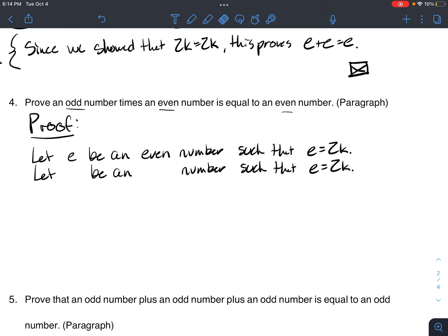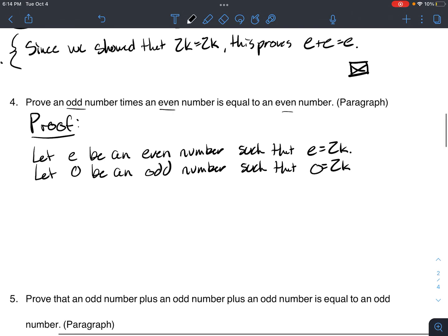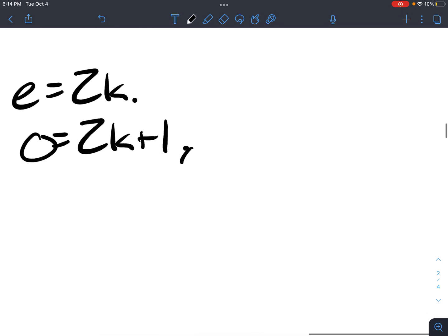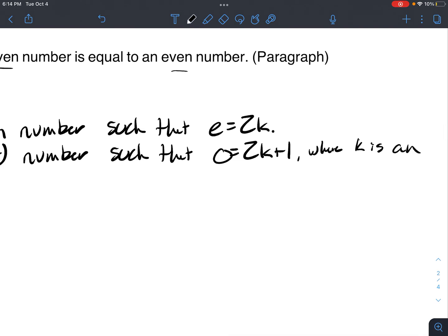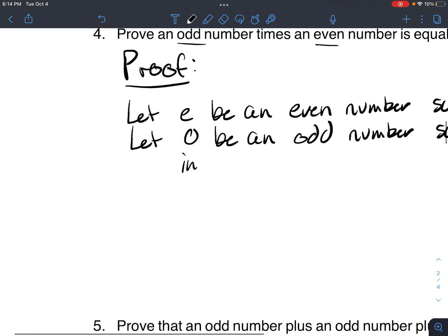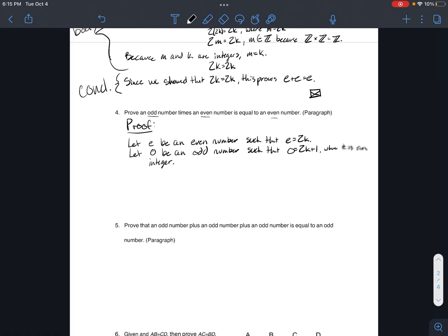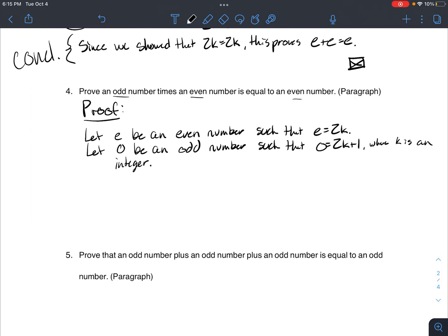Let O be an odd number such that O is equal to 2k plus 1. And we're also going to put where k is an integer. Okay. Now what we're going to do is do our math portion.